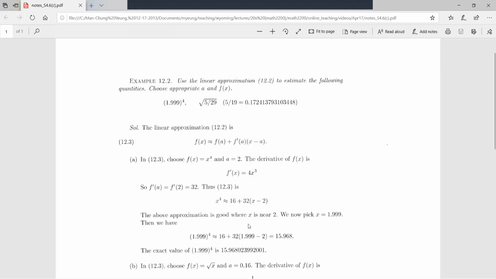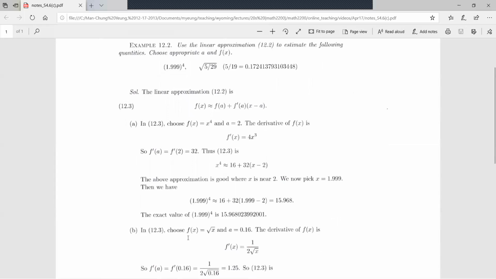Okay, now the second quantity. First by calculator, 5/19 is this number. Now to use this formula to estimate this quantity, we need to determine what x is, what a is, and what the function f is.